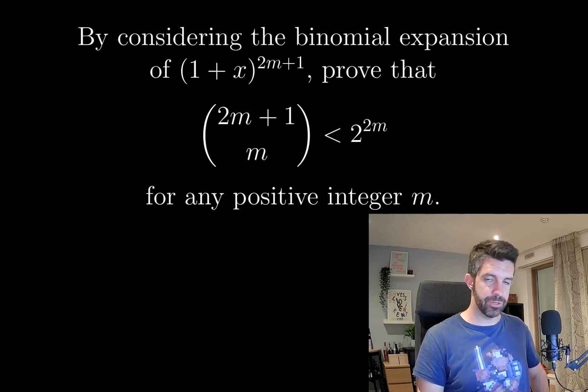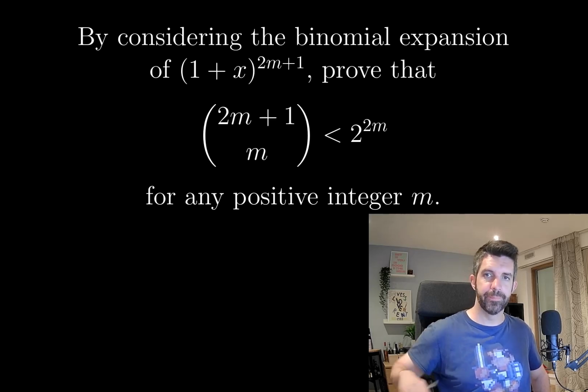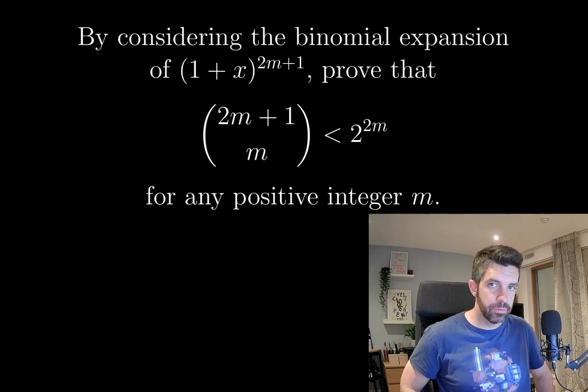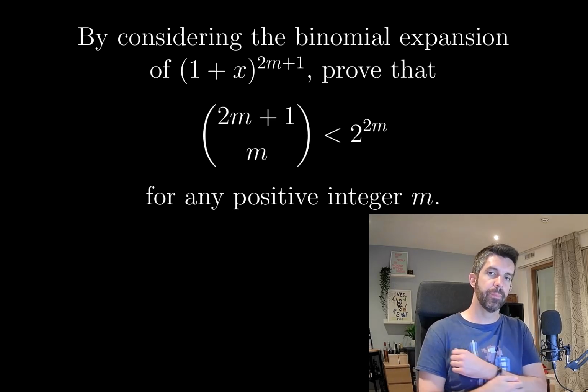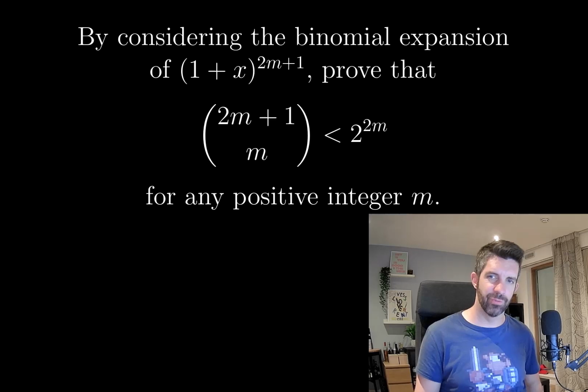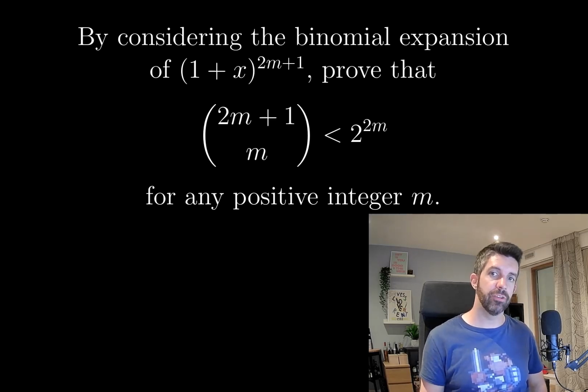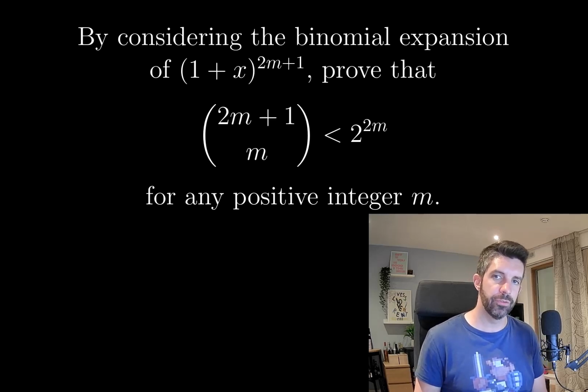And given that we're trying to prove some kind of inequality, I'm thinking maybe the first term, if we think of that as a function of x and do some kind of optimization, like a minimization or maximization, then maybe that's what will give rise to an inequality. Not really sure. Maybe there's a particular value of x we can substitute, which will give us something.